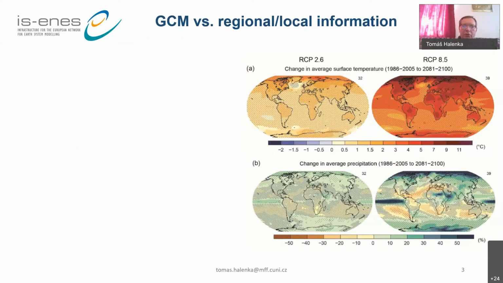And of course, for impact studies, that's actually the main issue. For impact studies and for vulnerability assessment, you definitely need local information, because mostly in applications you are interested in local issues.